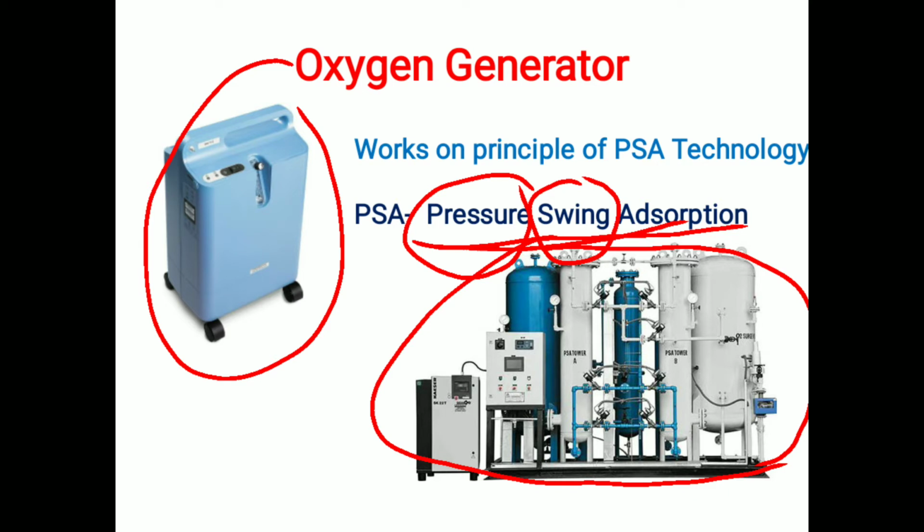At one time one is working, then it changes over to the second, and then again from the first to the second. It has two columns, and it is switching from one to another. And it works on the principle of adsorption. So this works on the PSA technology. PSA means pressure swing adsorption technology.